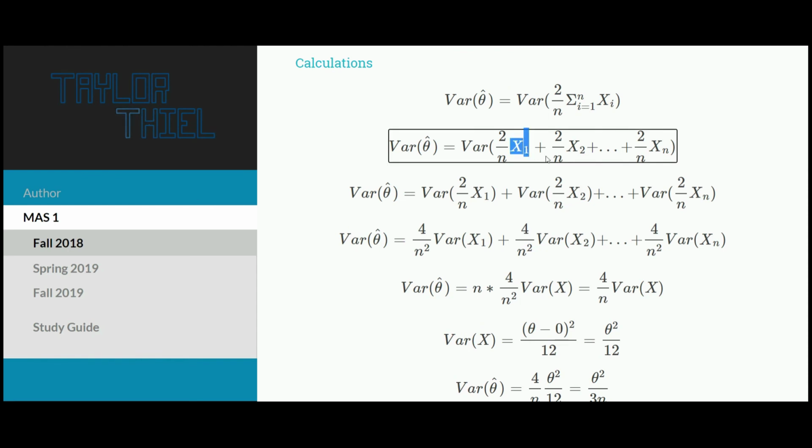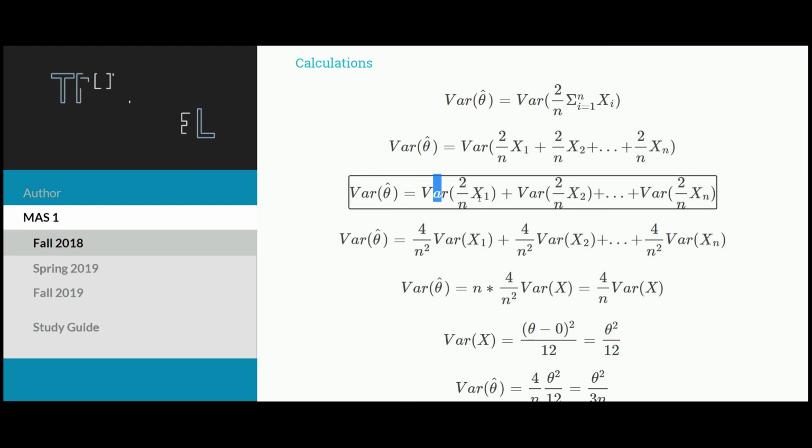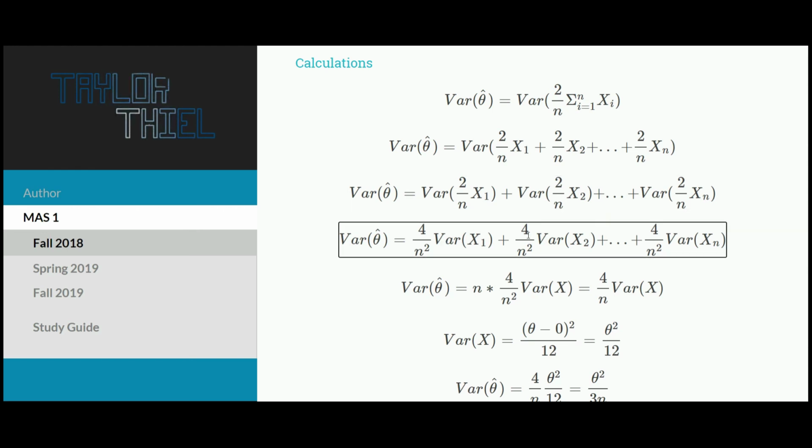And that's because each individual sample is IID, and so we can break the variance calculations up. Then applying our constant removal and squaring that term, we get these 4 over n squared constants pulled out. So again, 2 over n is a constant. We can pull it out if we square it, and that occurs for all of these calculations.